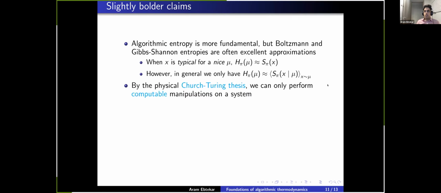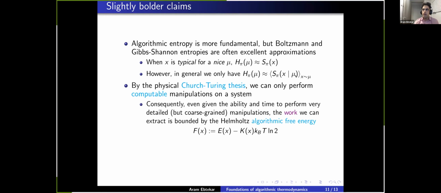And so what does this actually say? This says that if we treat S_π as the correct entropy, then when we use Gibbs-Shannon, we're only getting the mean value of this entropy, and not just the mean, but also the mean conditional on prior knowledge of mu. Intuitively, let's see what this means in practice.